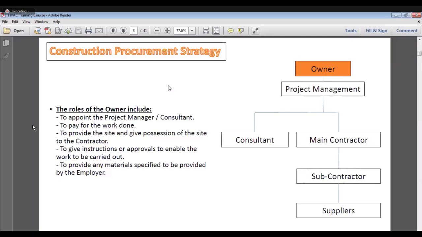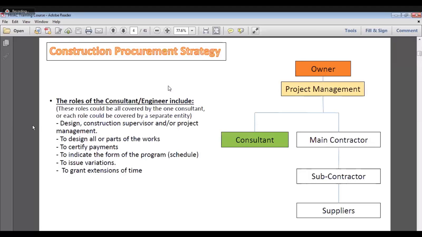What is the role of the consultant and what is the role of the contractor? You see, the consultant will consult on every matter, and the main contractor will execute the project. Okay, so we agree on the point you have just said. The consultant is designing the project, while the contractor is implementing the project. So they are completing each other.